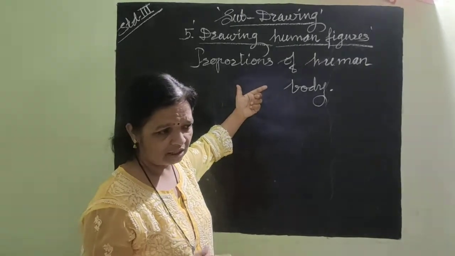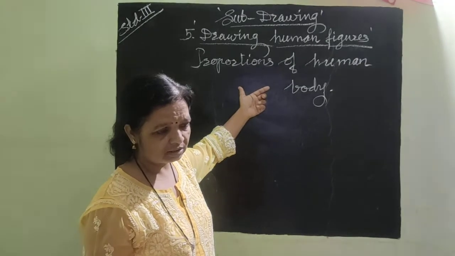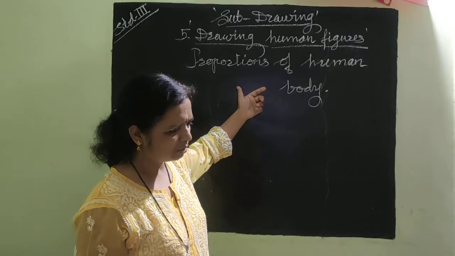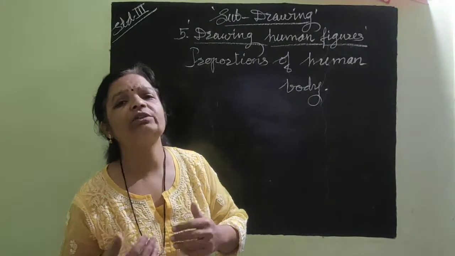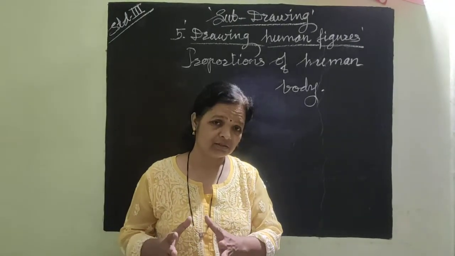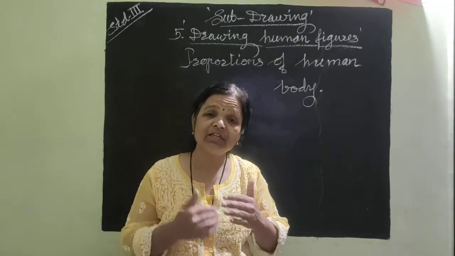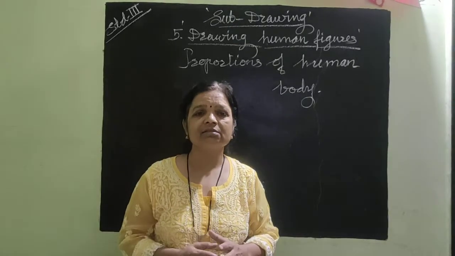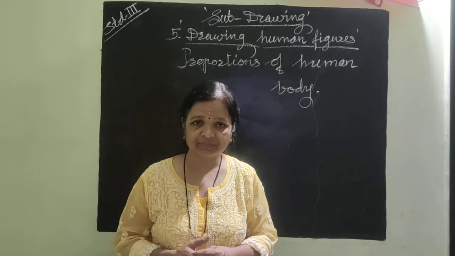Anything means take fruits or anything you can take, or any drawing, animal, bird. When we want to draw them, they have different parts, and we have to proportionate all the parts so that we get a proportionate, nice and clear drawing which makes us happy.